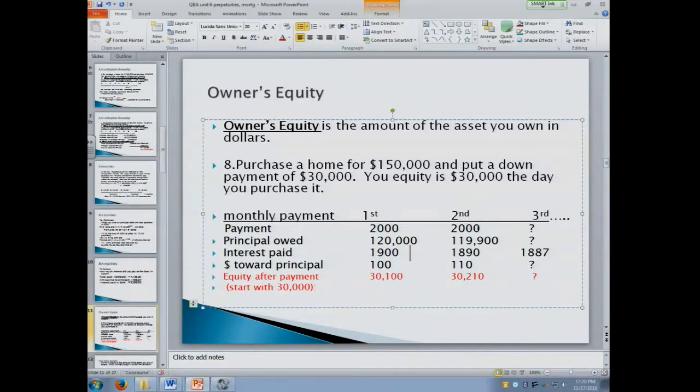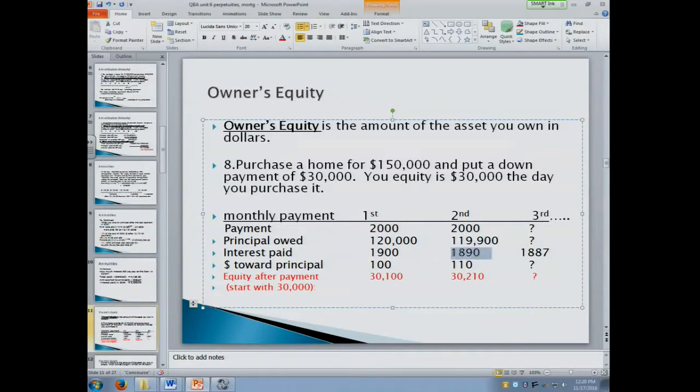Let's go to the second month. You still make $2,000 payment. However, you don't owe $120,000. Your interest isn't going to be charged on $120,000 anymore. It's going to be charged on $120,000 minus $100, or $119,900.